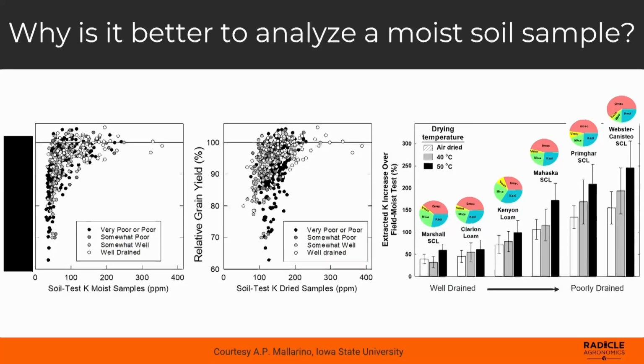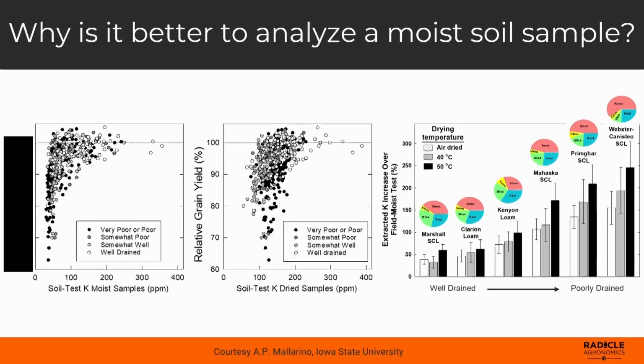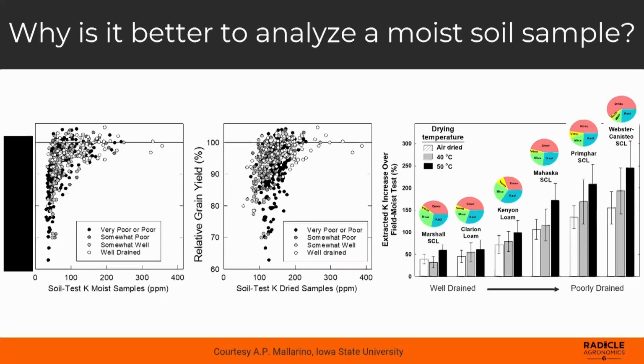So we have well-drained soils on the left, poorly drained soils on the right. And on the vertical axis, we have the extracted potassium increase over field moist soil depending on how you dry it. If you think about commercial labs, different labs dry at different temperatures.